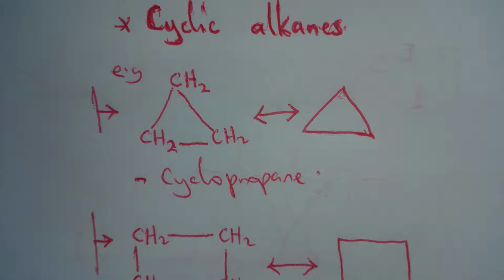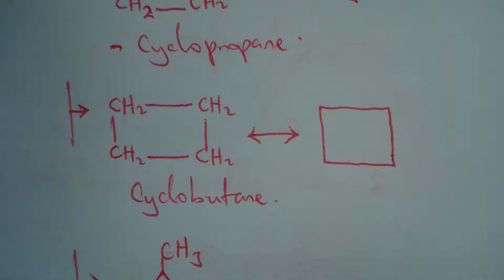Like for instance, having propane but in a ring format, having butane but forming a ring whereby the extreme carbon atoms lose one hydrogen to create a bond between themselves. So for them they are cyclic. We normally call them the cyclic compounds.